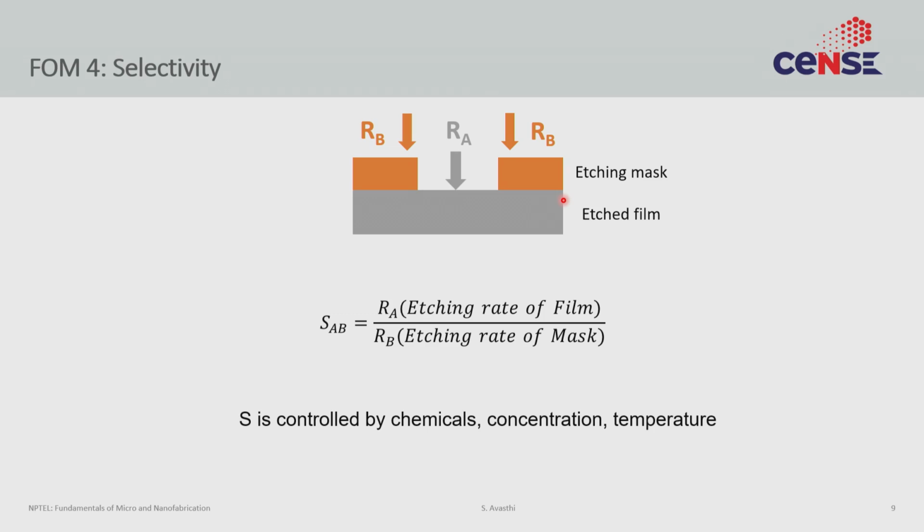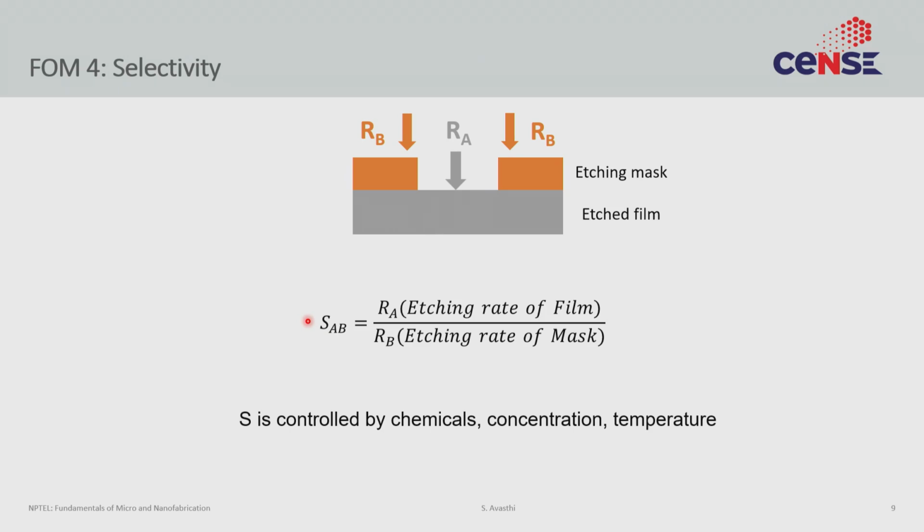Right? If, however, your selectivity is 100, then for a 1 micron thick mask, the maximum hole that you can etch is 100 microns. If your selectivity is 10,000, then given 1 micron, you can etch 10,000 microns. So, that is why the selectivity becomes very important. It tells you the maximum amount you can etch and still get a feature.